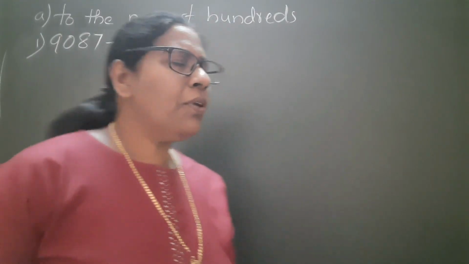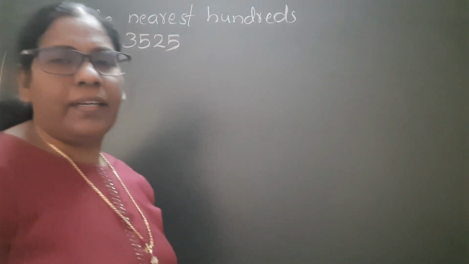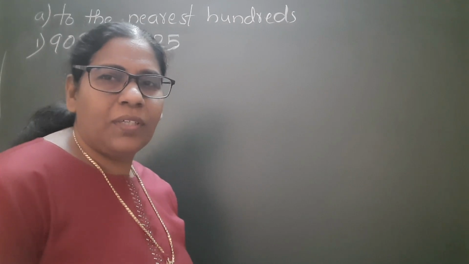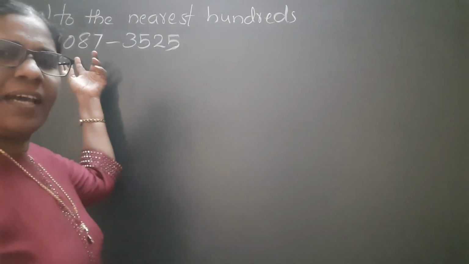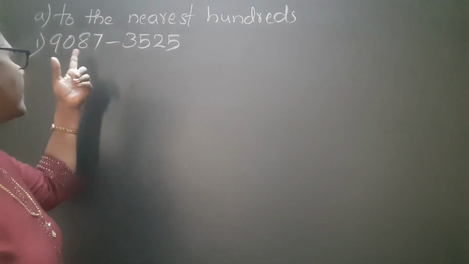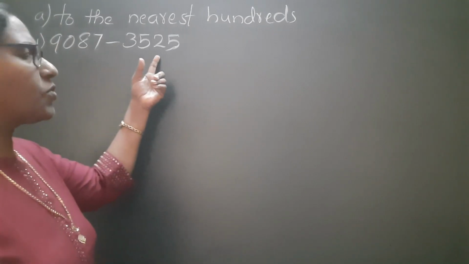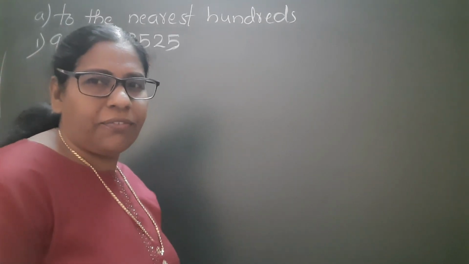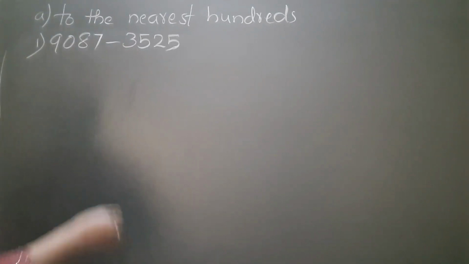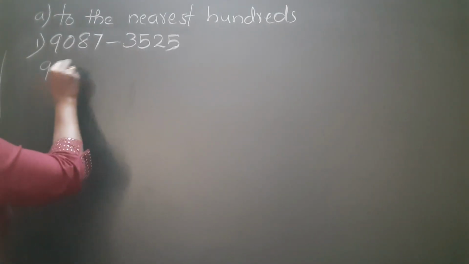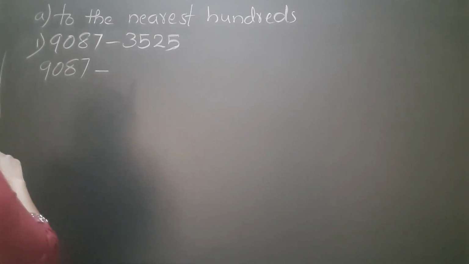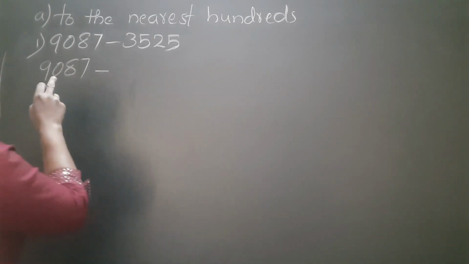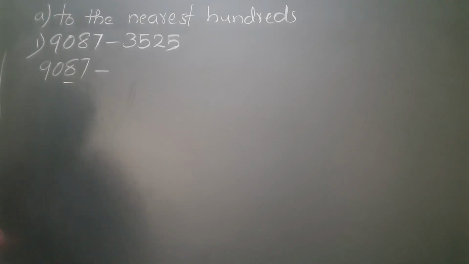Now let's do it to the nearest hundreds. The first question is 9087 minus 3525. Let's do rounding off for 9087.